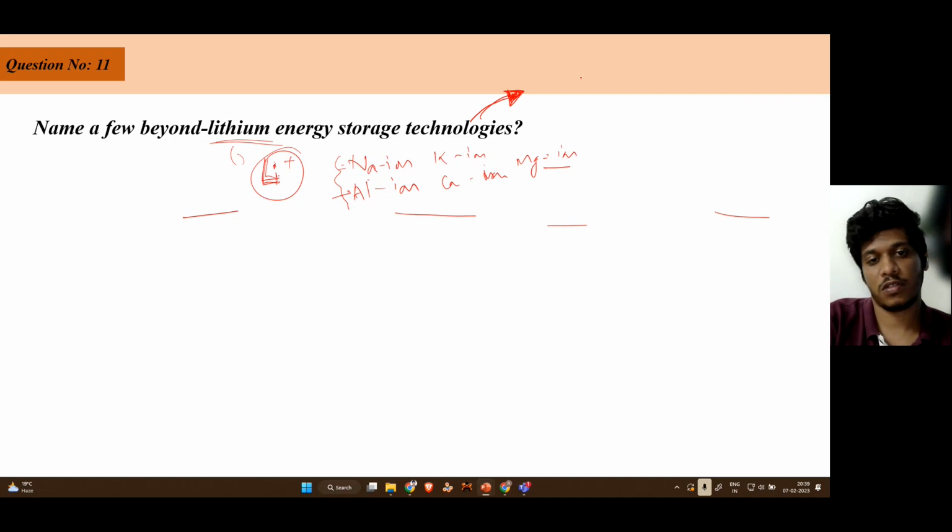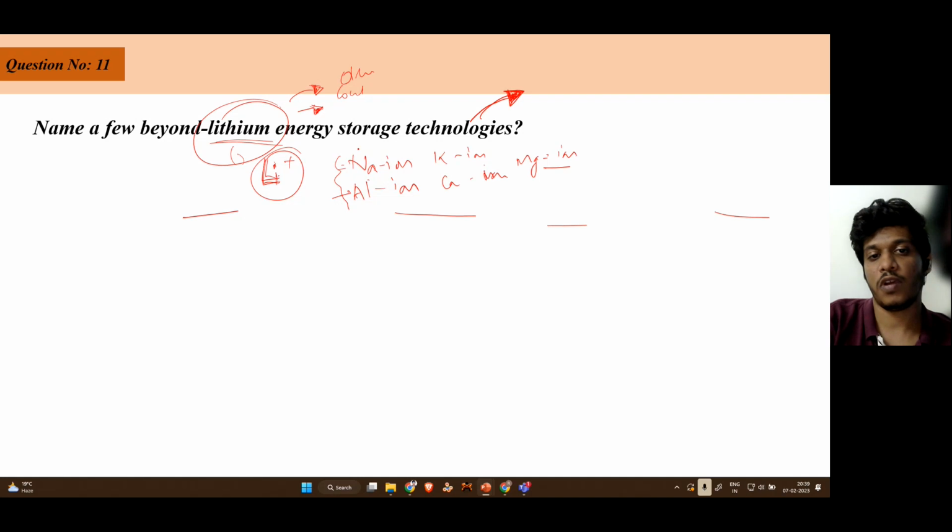For example, in the case of India, there is very little, almost no, lithium deposition in India. So India has to depend on other countries if it wishes to make lithium-based batteries.